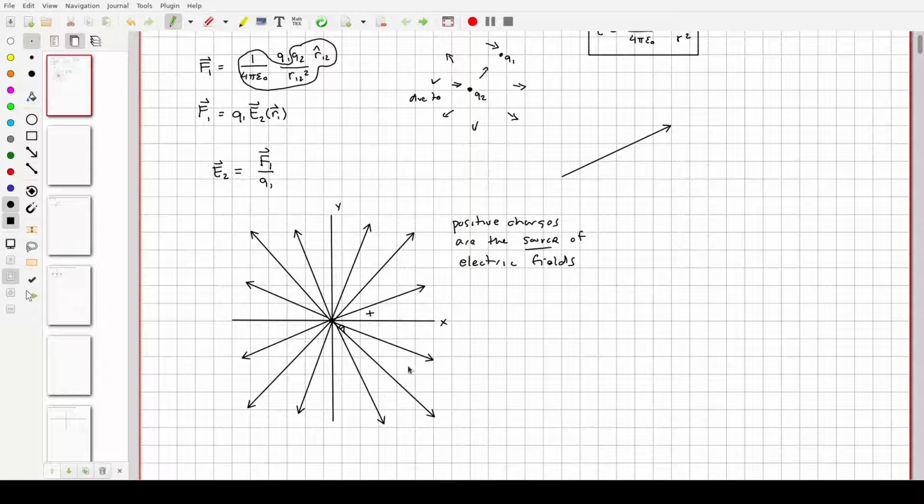Okay? Now, that said, if I were to look at a negative charge, which I'll place here, so here's my charge again at the origin, but this time it's negative. In this case, the field lines look almost identical to what we see here, except instead of coming out of the charge, they go into the charge.